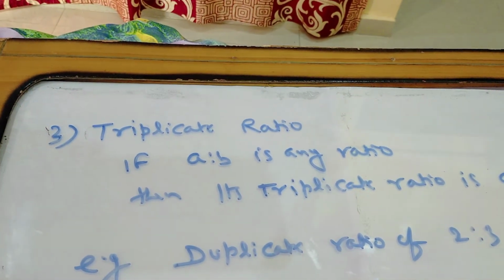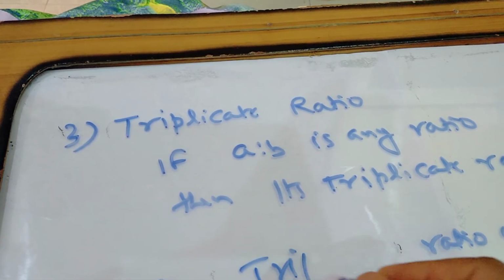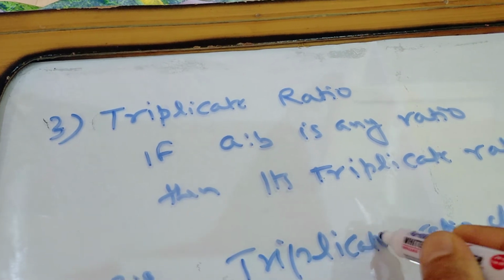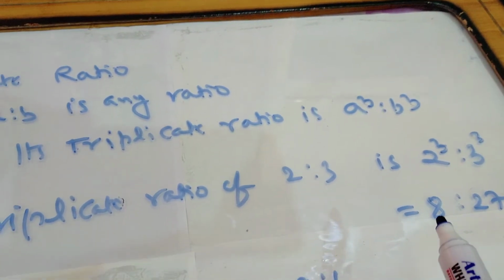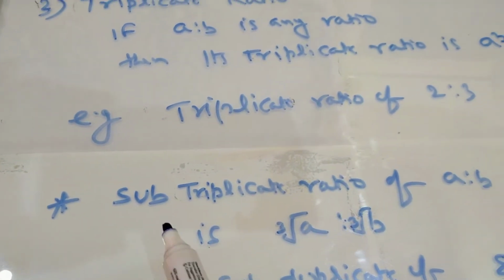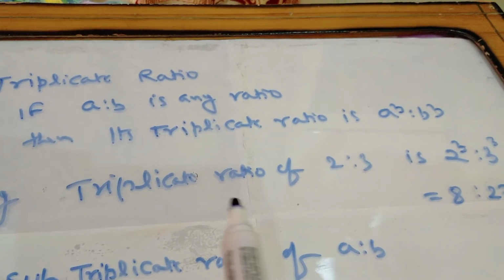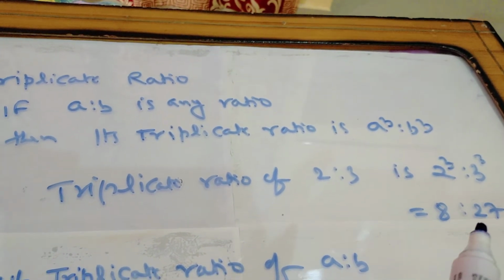Similarly, triplicate ratio of 2 is to 3 is 2 cube is to 3 cube, that is 8 is to 27.